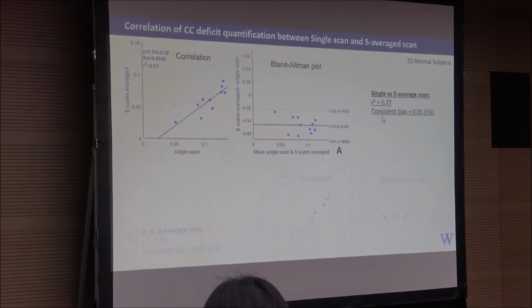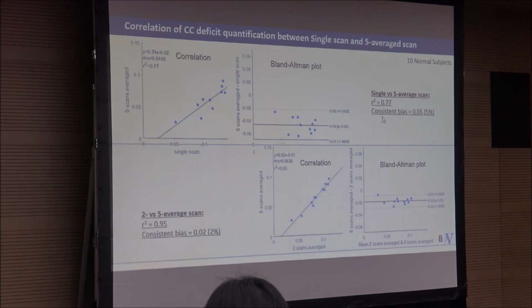If you do 2 repeat scans, the correlation improves to 95%, which tells you it is pretty accurate. For the 2 repeat scans, the bias is only about 2%.